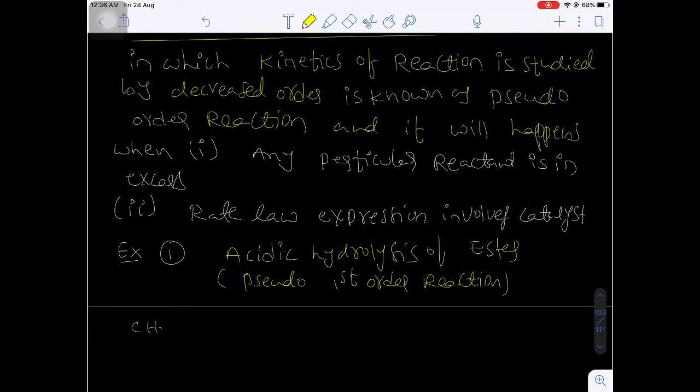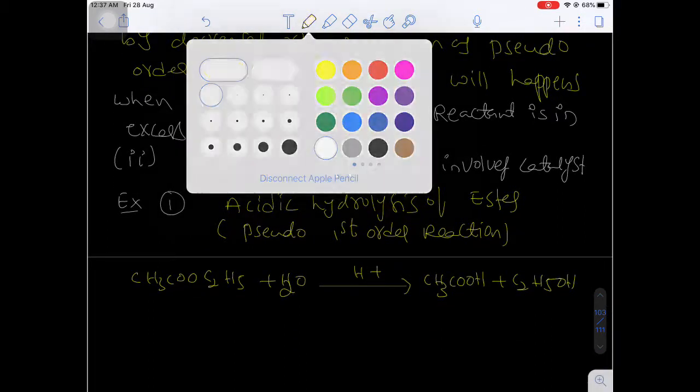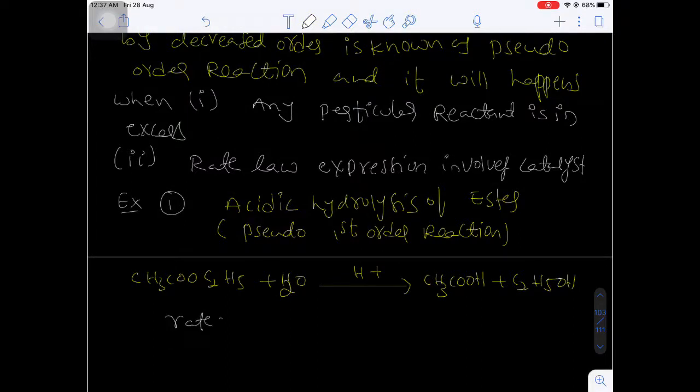Now here, the ester is CH3COOC2H5, ethyl acetate. Hydrolysis in the presence of some acid catalyst will give carboxylic acid, that is acetic acid, and alcohol, that is ethyl alcohol. Now if you see the rate law, R is equal to K times the concentration of the ester, CH3COOC2H5, and also the H plus ion concentration.